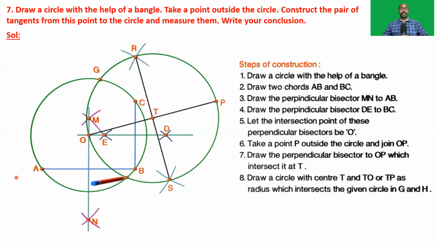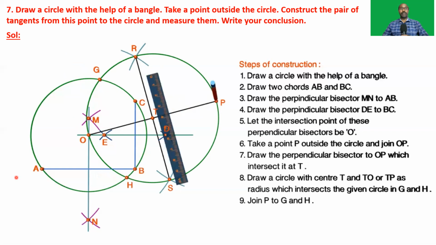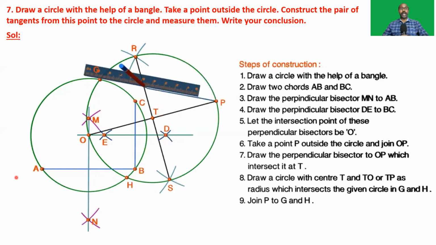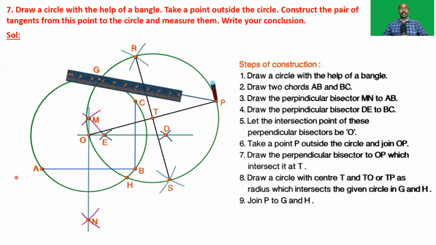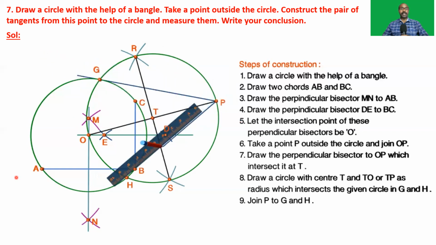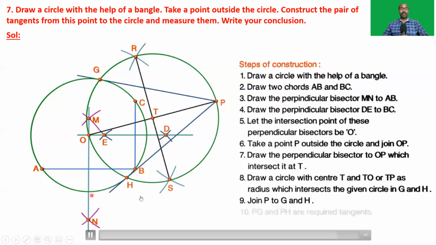Here no specific measurements are given. Now joining P to G and P to H, we get our required tangents. Here it is passing through H, not B. Observe that. So here PG and PH are the required tangents.